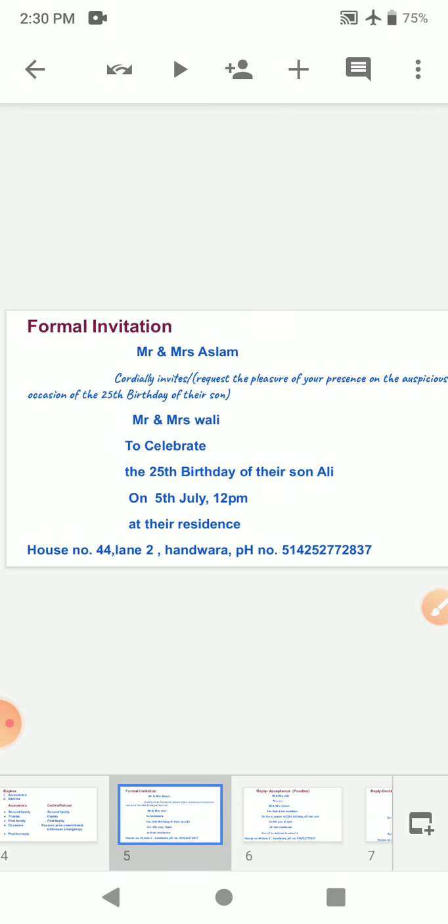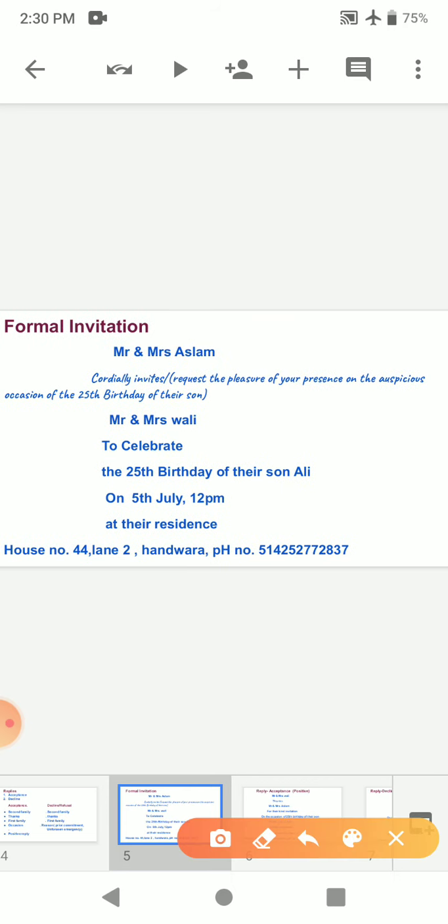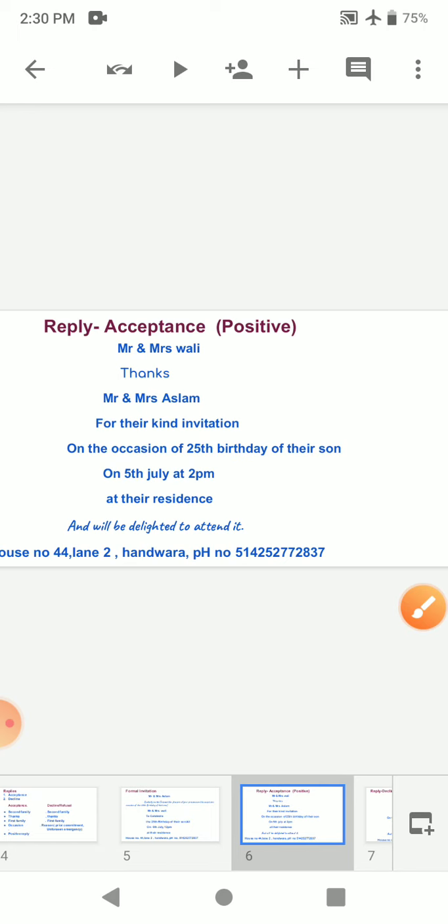Then comes the reply. For example, Mr. and Mrs. Aslam have invited the Wali family. Then Mr. Wali is supposed to reply to this invitation. Either he replies in a positive manner, meaning he accepts their invitation, or he writes in a negative manner, meaning he declines the invitation.